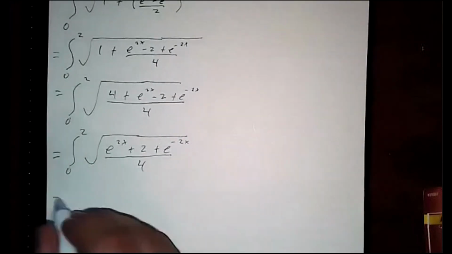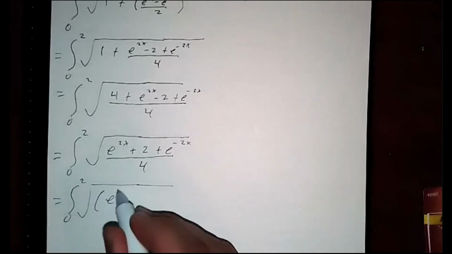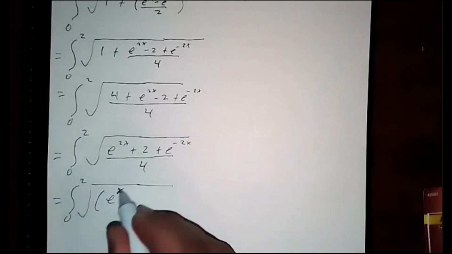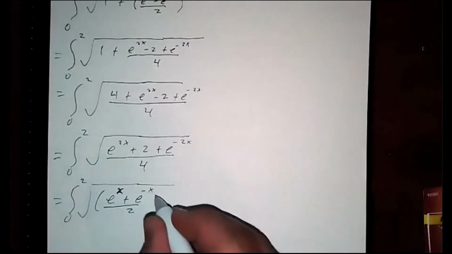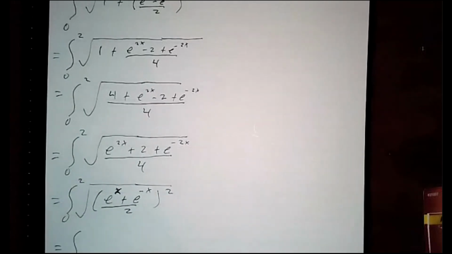So we're going to factor this back into one binomial, squared. This will simply be e to the x plus e to the negative x over 2 squared, which will then cancel the root and allow for an easy integral.